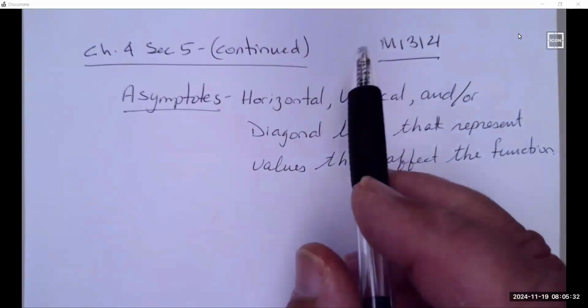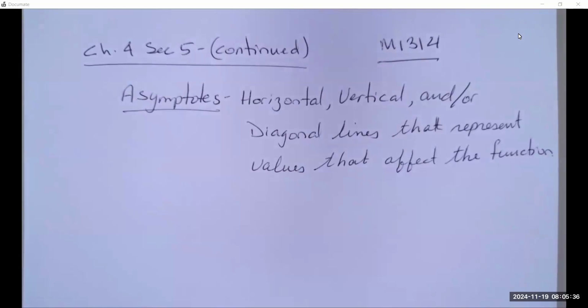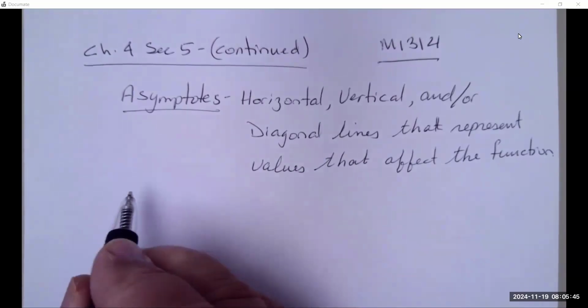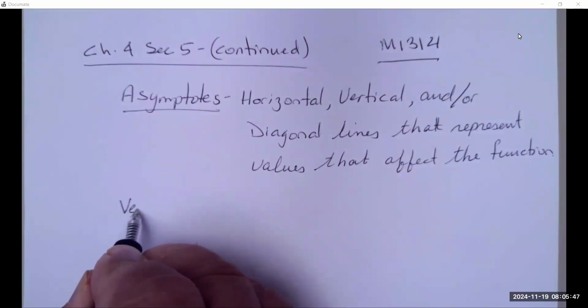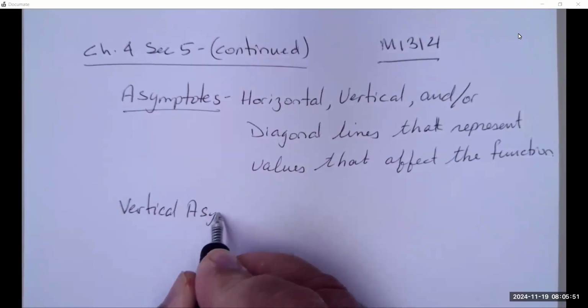Asymptotes are horizontal, vertical, and/or diagonal lines that represent specific values of x that affect the function. We first talked about the vertical asymptote.